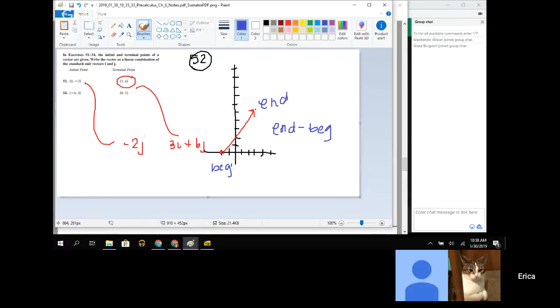So your end point is 3i plus 6j, and your beginning point is -2j. And so you're going to get 3i minus negative, there you go, plus 8j. I apologize, I said that wrong. To get the difference between the end point and the beginning point, you're going to subtract.